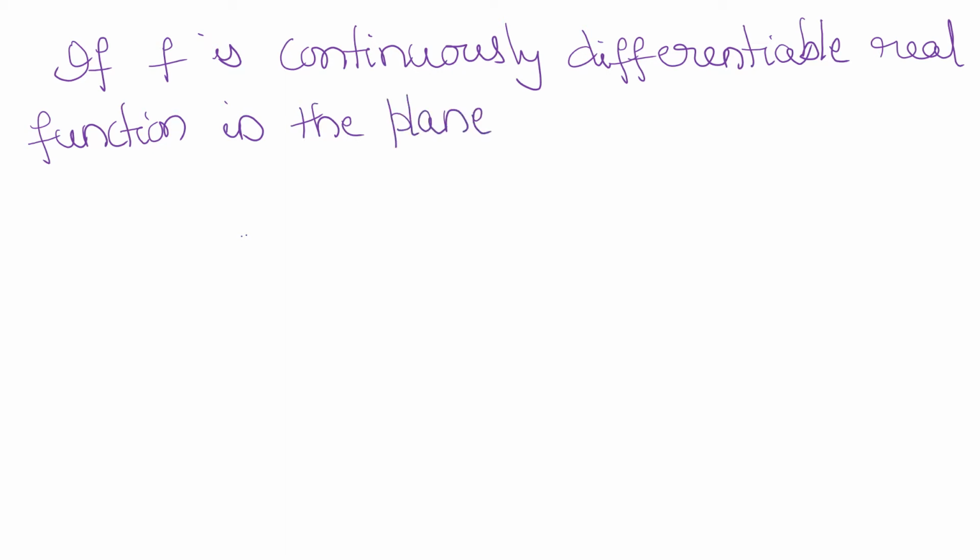Usually for continuously differentiable functions, we define that as the set C dash. That is, C dash means continuously differentiable function. So f belongs to C dash. Then the equation.